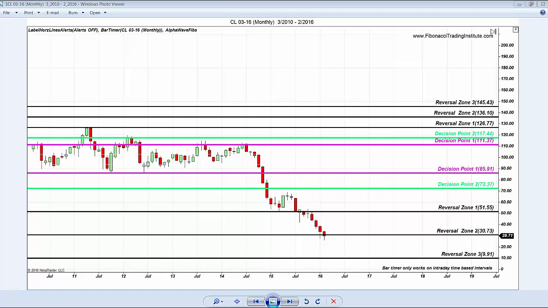Identical structure that we witnessed playing out on Apple in the last few months? Identical dance, identical formula, identical patterns. Oil collapsed to reversal zone. Oil at 30. 2016. This is oil now.